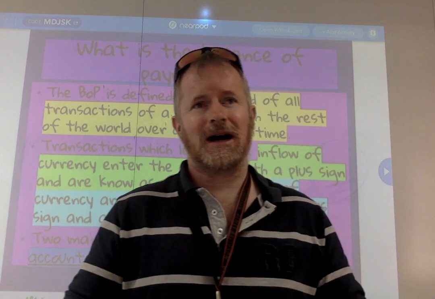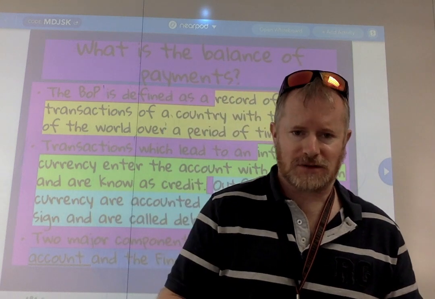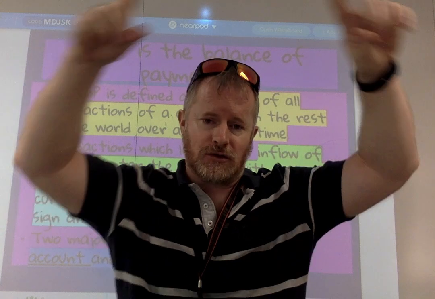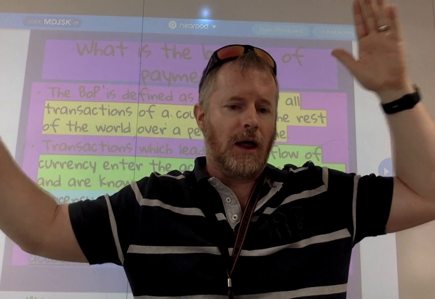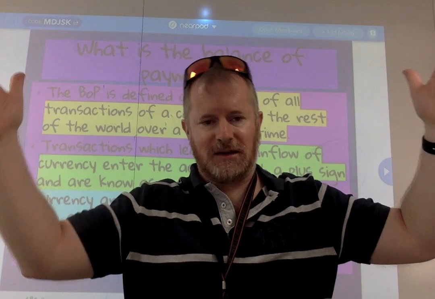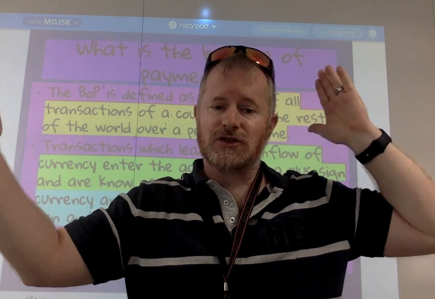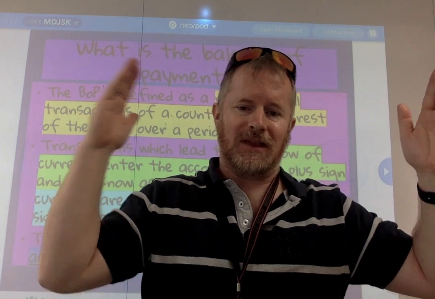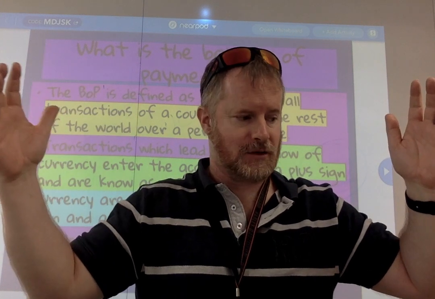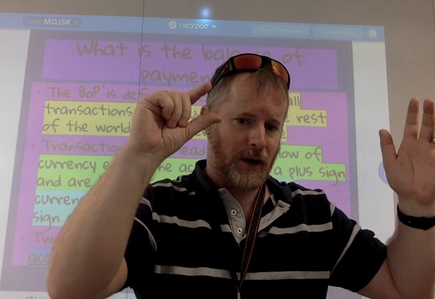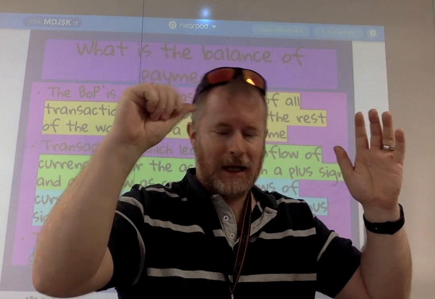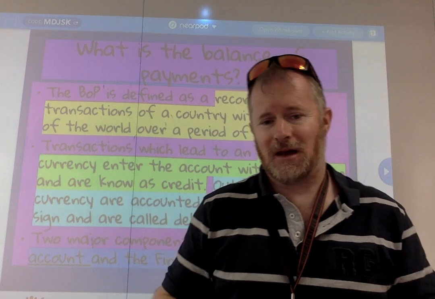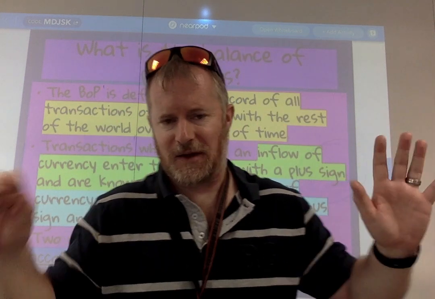Now, there are two major accounts under that structure. Like the tree structure, there are two major accounts, one on either scale. One is called the current account, and the other is called the financial account. There is another account, a tiny one somewhat in the middle, called the capital account, but don't worry too much about that, it's very small.